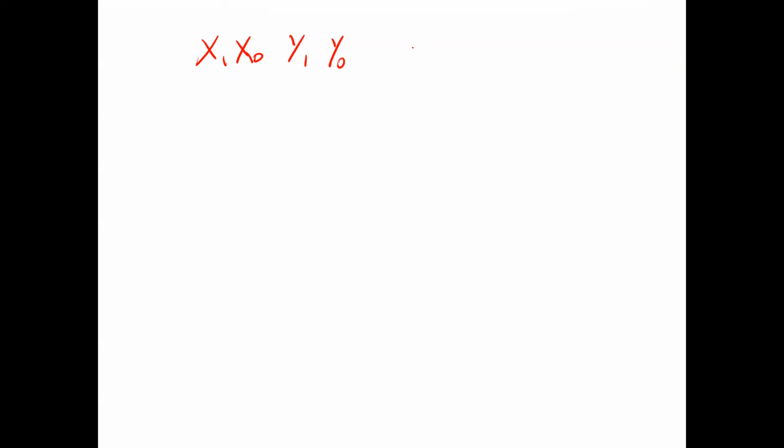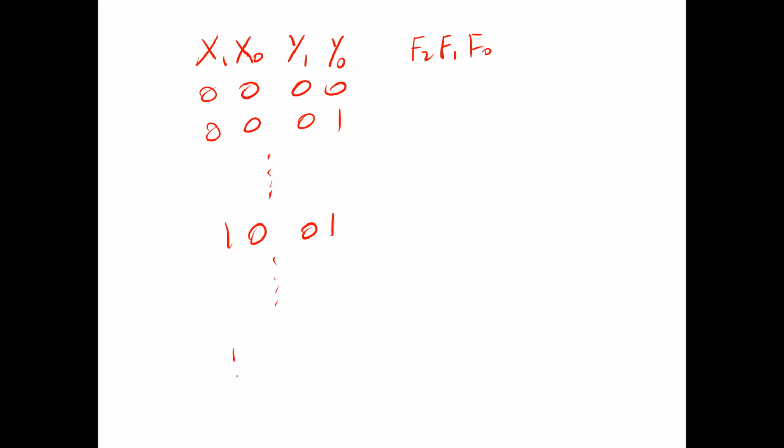And I need, let's call it f2, f1, f0. So this will go from 0, 0, 0 to 1, 1, 1. Let's write a few of them to understand the idea, for example, 1, 0, 0, 1, and let's do 1, 1, 1, 1.